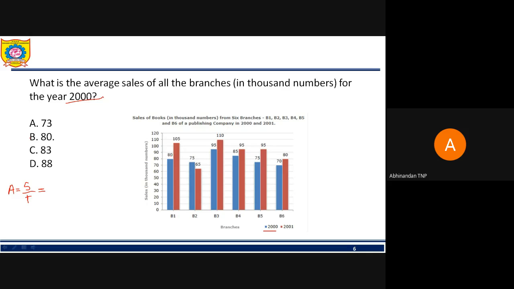So just add these numbers: 80 plus 75 plus 95 plus 85 plus 75 plus 70. This is the sum of observations, divided by the total number of observations, which is 6.